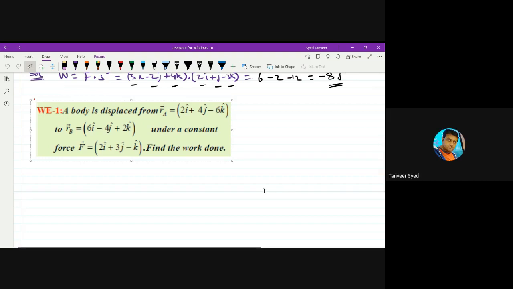Find the work done. You are given force in vector form, and the initial and final positions, RA and RB.